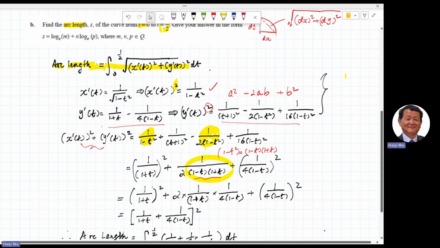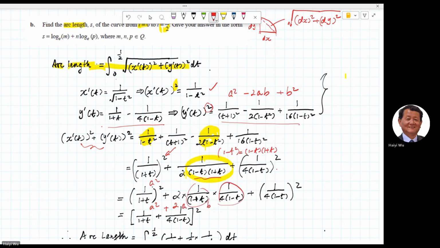All right, now I'm going to put this into a square term. That's 16 becomes 4, a square term. So this is my a squared, plus 2a times b, plus b squared.